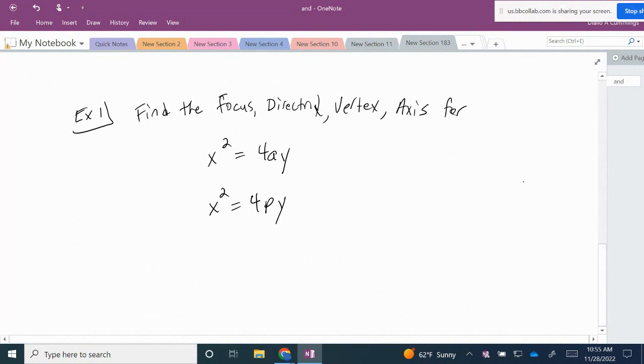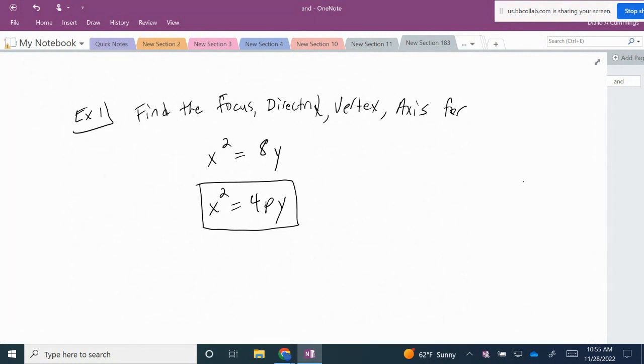Right, so the first thing we're going to do is we're going to find, excuse me, that should be x squared is equal to 8y. So this is the model form we're going to use. X squared is equal to 4py. So I'm going to use something called a transitive property.